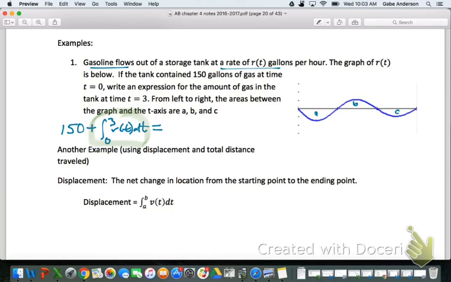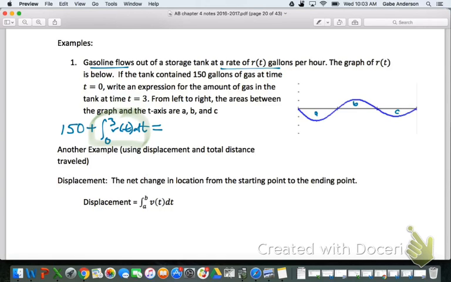I have another saying kind of like that. If you can't integrate, accumulate. Accumulate area. If you can't integrate, just accumulate area. Something worth thinking about writing down, I suppose.